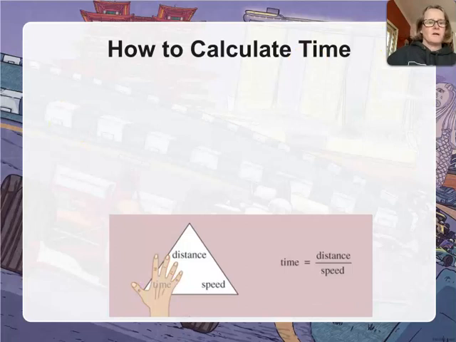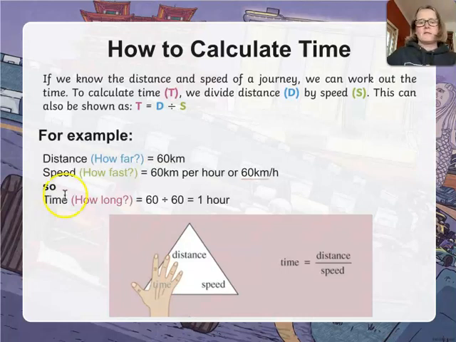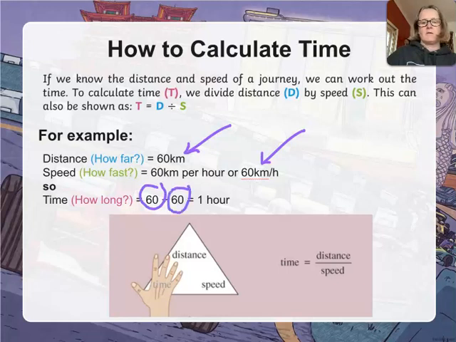And our example this time, keeping the numbers nice and simple, we're going to travel that same journey of 60 kilometers, and we're going to travel at a speed of 60 kilometers per hour. So if we take 60 kilometers as our distance and divide it by 60 kilometers per hour, then we end up with 1. So it takes us 1 hour to travel 60 kilometers at 60 kilometers per hour.